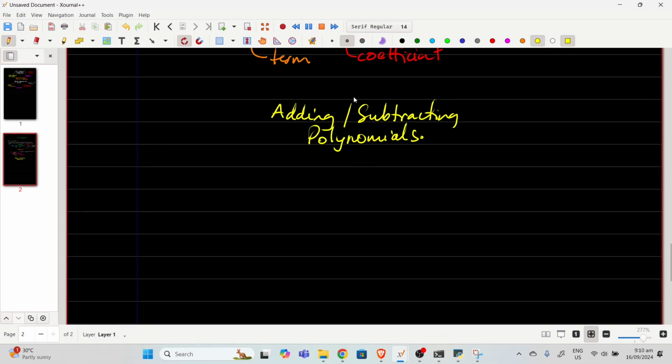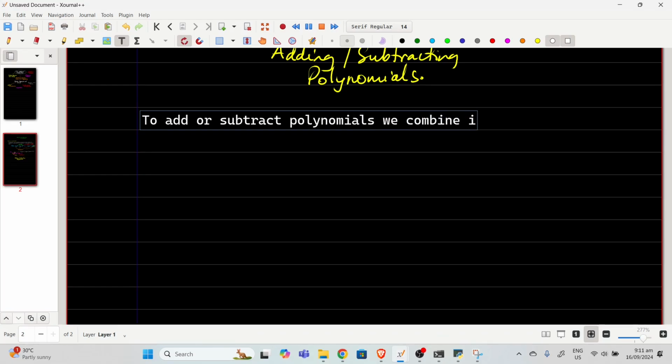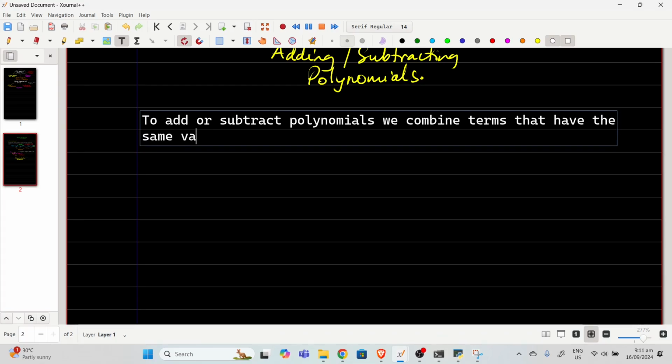Adding and subtracting polynomials is fairly straightforward. Let me give you a general statement first, and then we'll go on to more specific examples. To add or subtract polynomials, we combine terms that have the same variables raised to the same power.